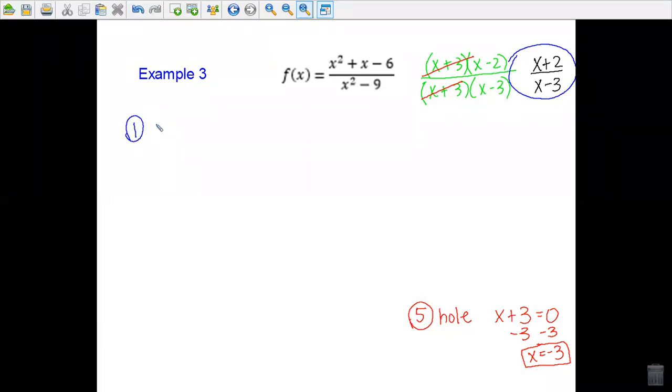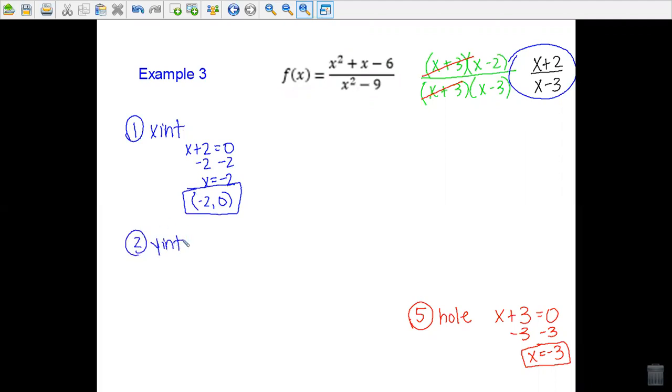To start with, we have an x-intercept, and that's setting the numerator equal to 0. So we say x plus 2 equals 0. Subtract 2, we got this negative 2 again. For x-intercepts, we make y 0. So there's my x-intercept. For the y-intercept, we go to the constants, the last numbers.